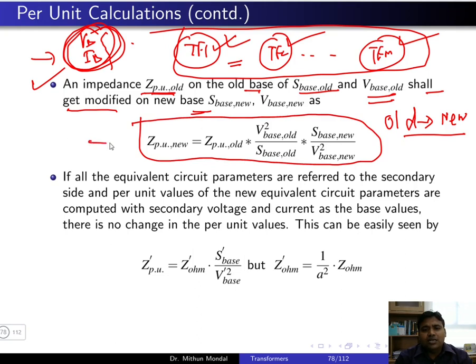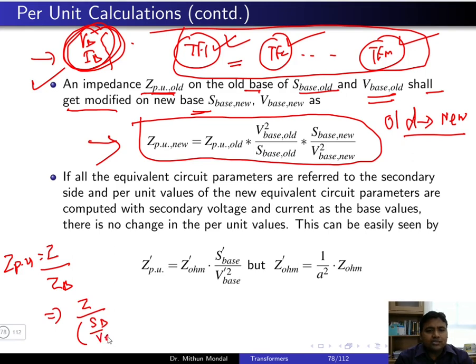So where is this relationship coming from? If you remember, the Z per unit is basically the actual value of the impedance by the base value, and the base value can be written as the voltage base square by the power base. So we can write Z per unit as Z into S base divided by voltage base square.